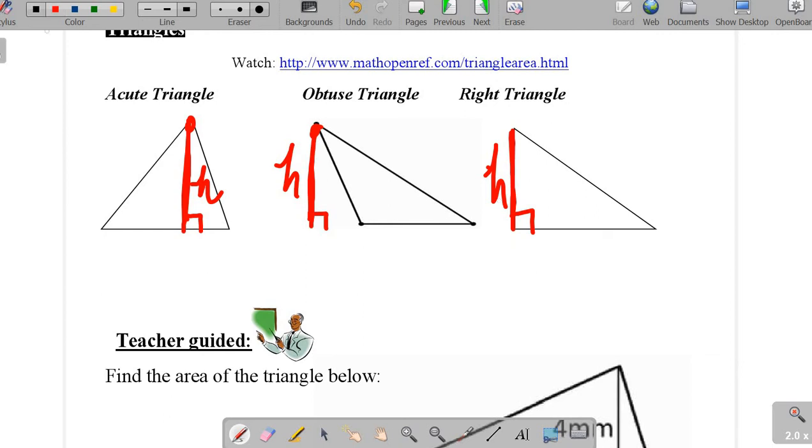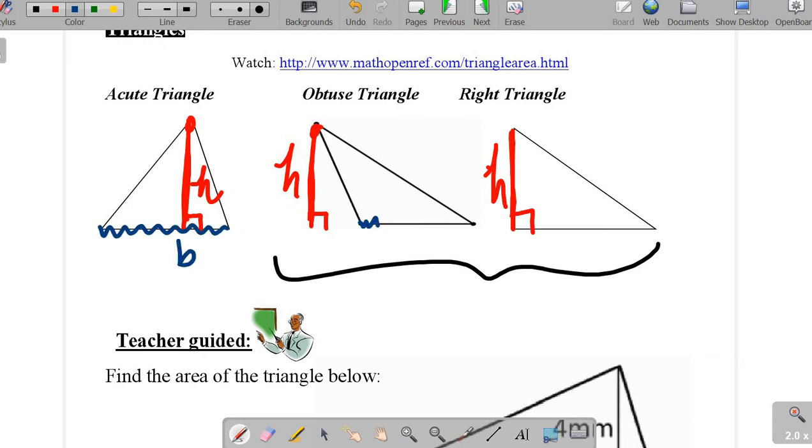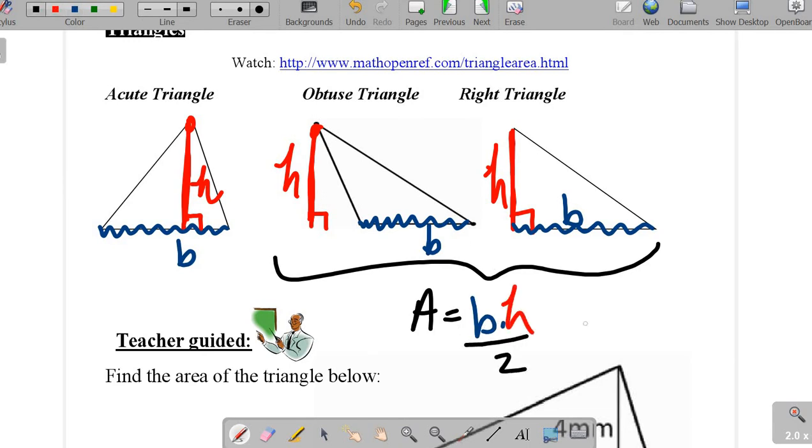And for all of these, the equation is base, which in this triangle would be here, in this triangle would only be from there to there, and in this triangle would simply be the other leg. In all of these triangles, the area is base times height over 2.